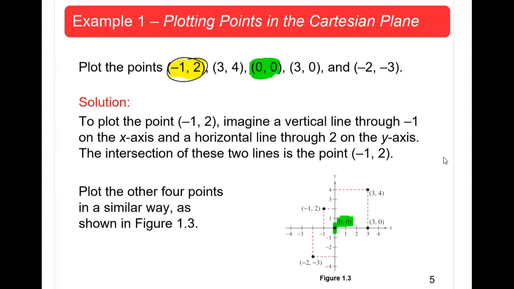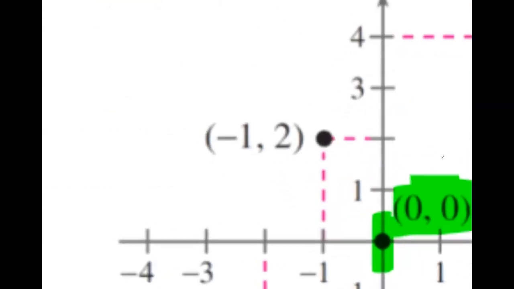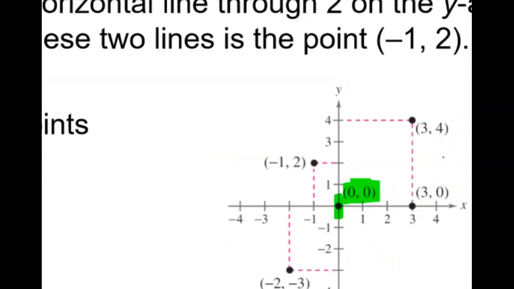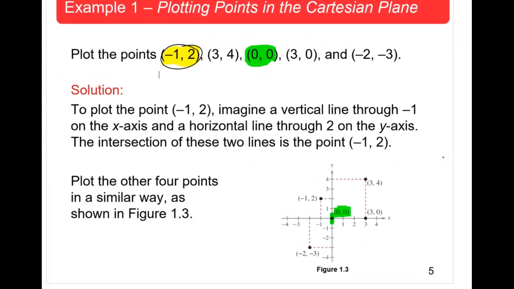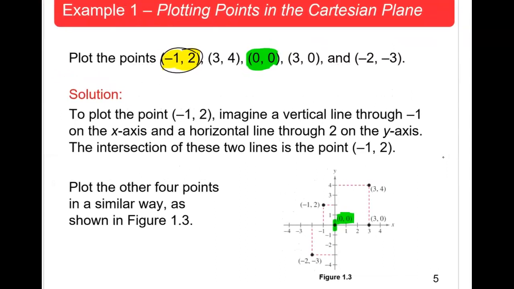And so that is going to be the point that we see here, -1, 2. And you could actually see the dash lines are telling you the distance, the horizontal distance, and the vertical distance from the origin.